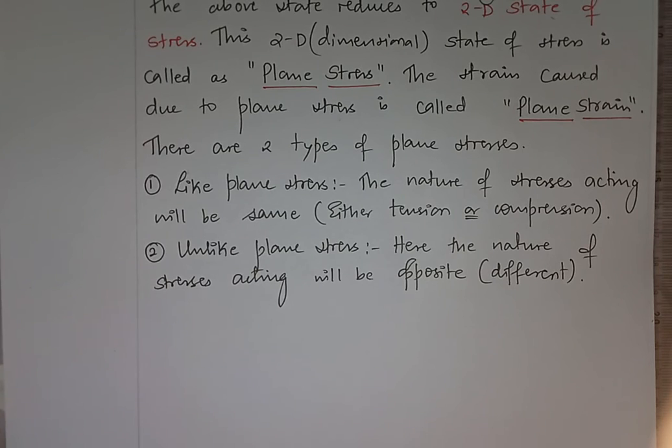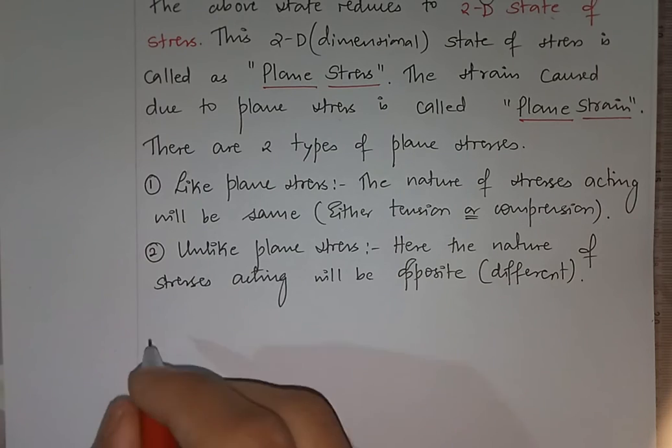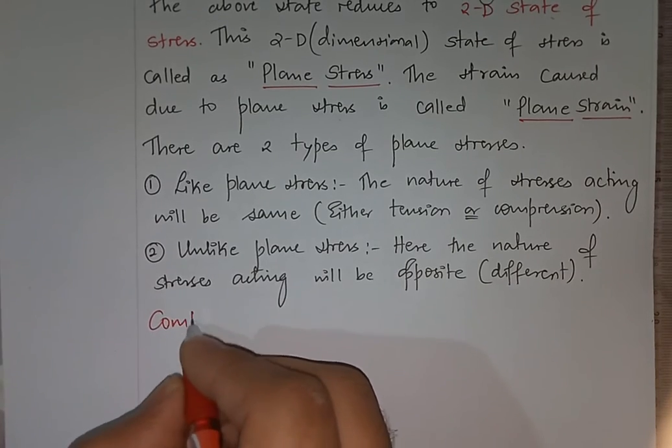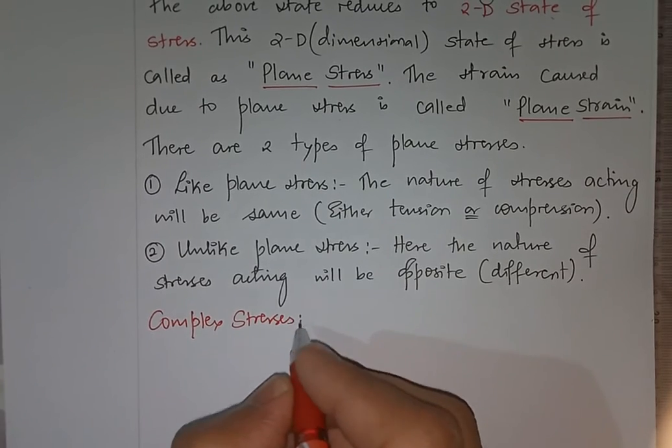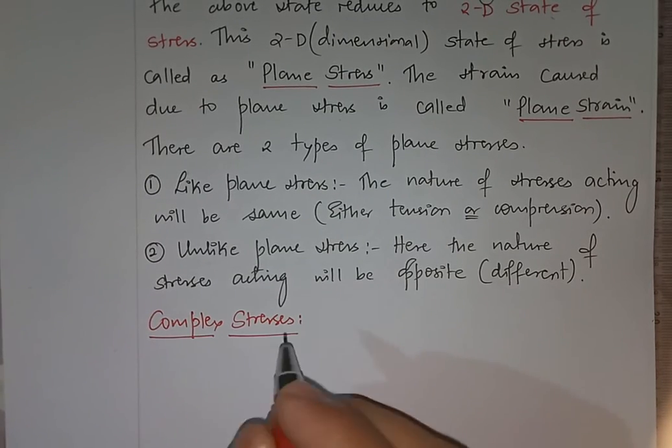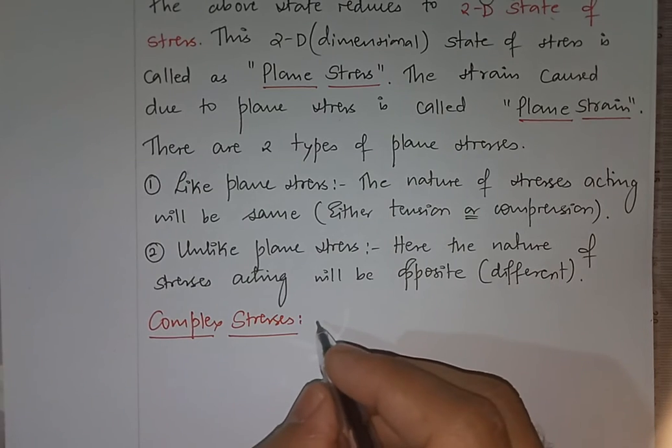Next we'll be going for complex stresses. So it is important for us to know what is a complex stress, right? Now complex stress is very easy to define. It is nothing but plane stress along with shear stresses, right?